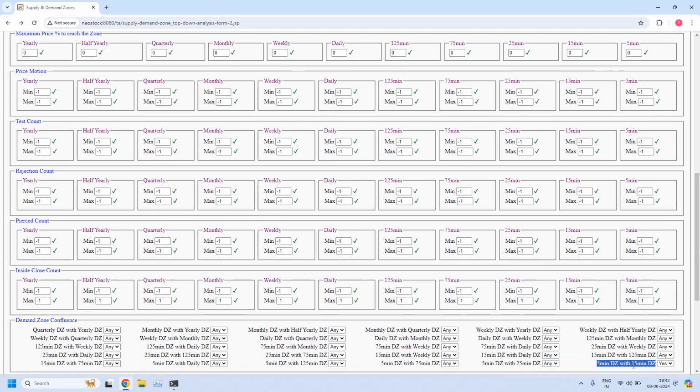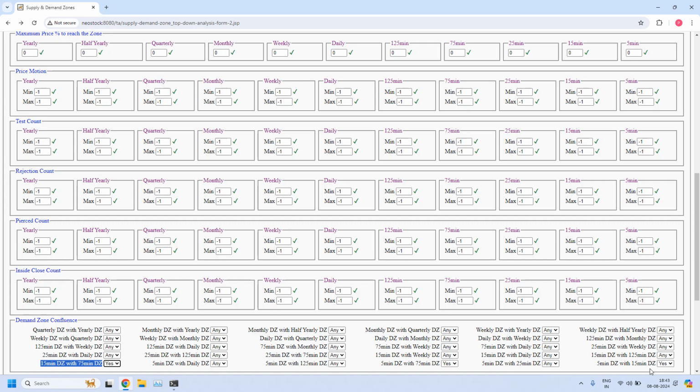So already 5 minutes demand zone with 15 minutes is enabled. Now let us look into 5 minutes with 75 minutes, that is LTF and HTF. And also we will see ITF and HTF, that is 15 minutes and 75 minutes demand zone.